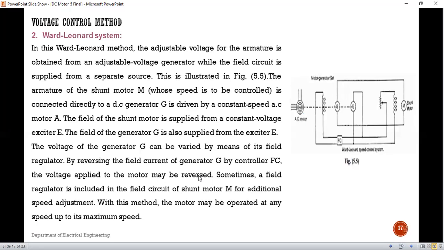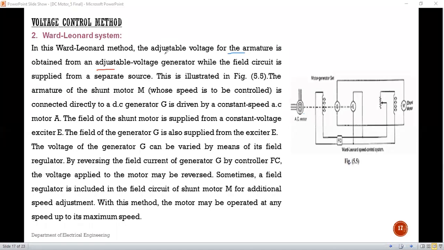See, in this method an adjustable voltage can be applied. The adjustable voltage for the armature is obtained from an adjustable voltage generator.